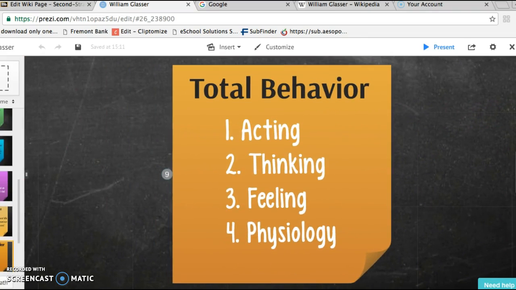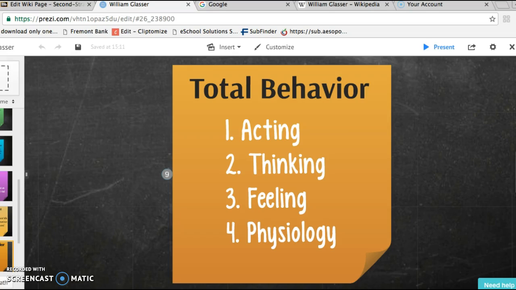Total behavior is broken down into 4 components: acting, thinking, feeling, and physiology. Acting is the way that we are physically, thinking is mental, feeling is our emotions, and physiology is the idea of the things that are around us and how we incorporate that.